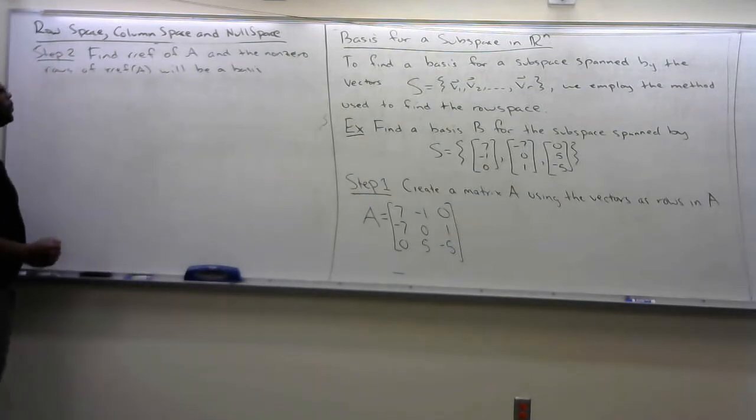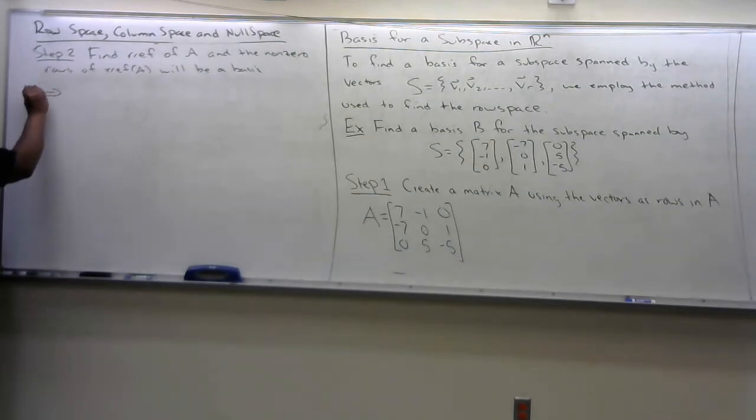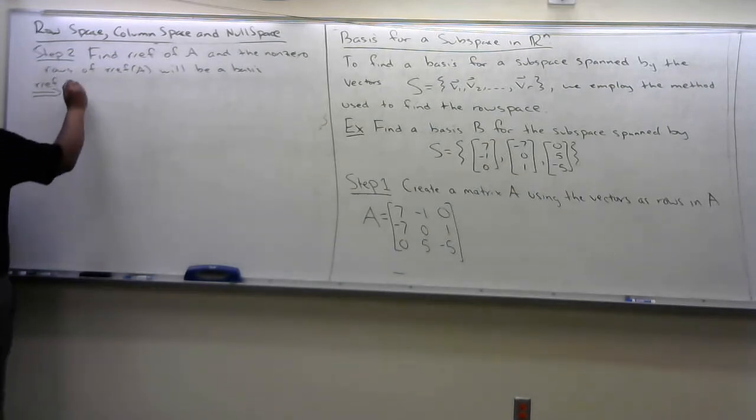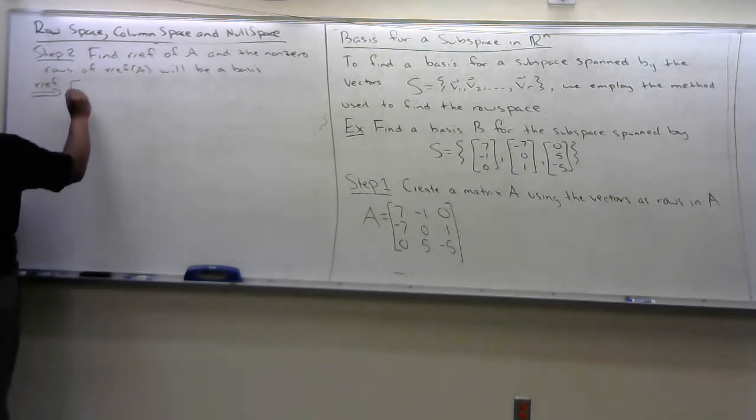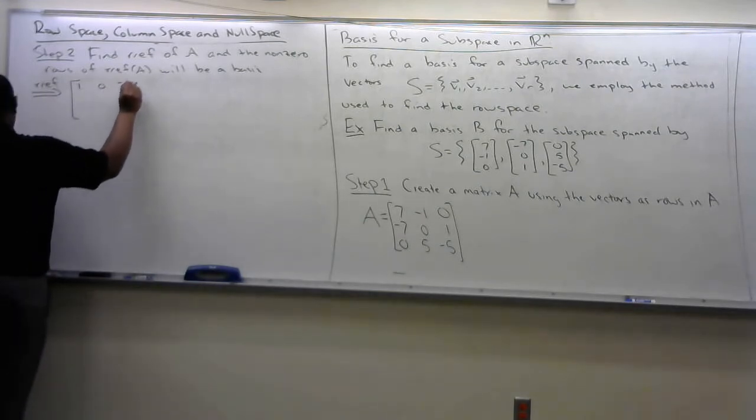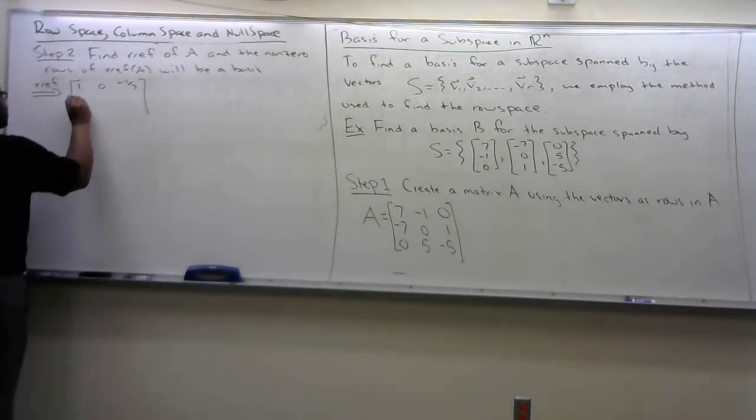Okay. So let's do that. So if I take the reduced row echelon form, I end up with 1, 0, negative 1, 7. 0, 1, negative 1, 0, 0, 0.